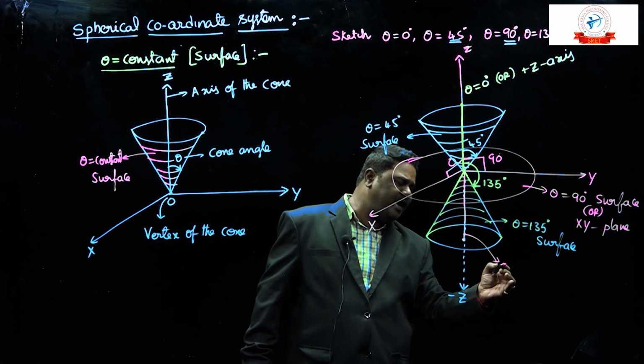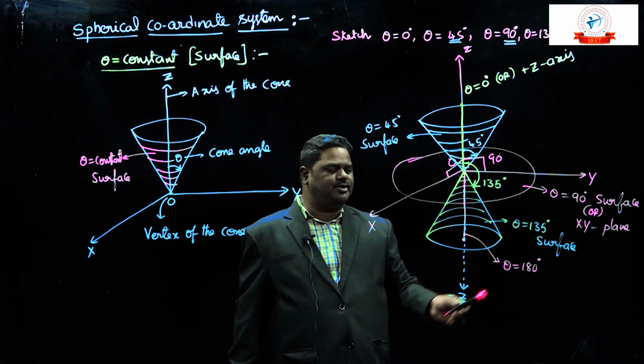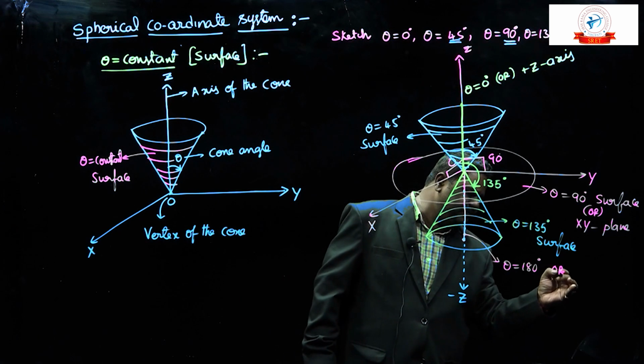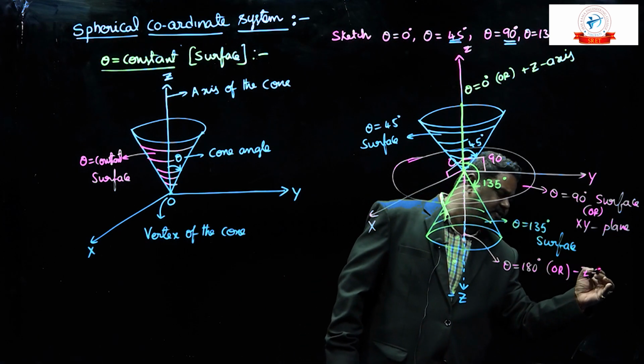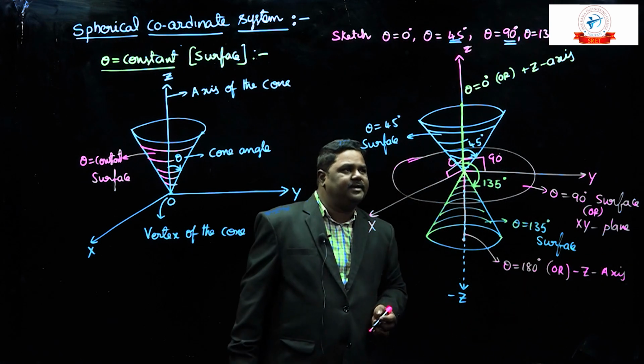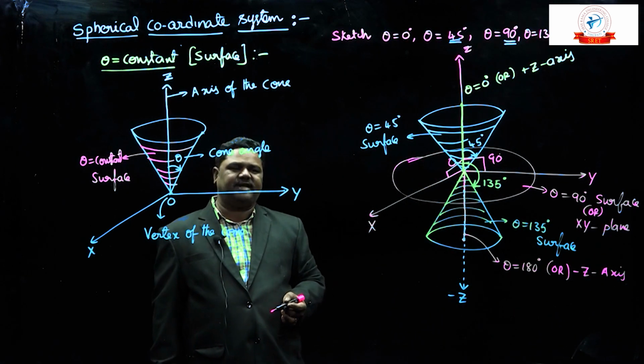Theta 180 is nothing but the negative z axis. So these are the different theta equal to constant surfaces.